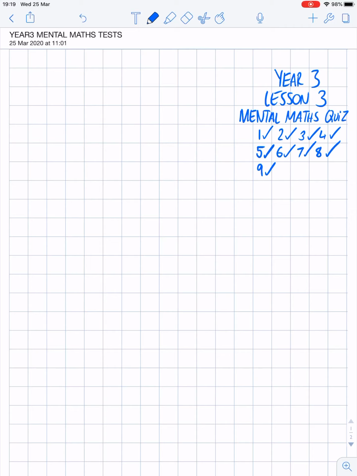I'm going to write down 3 numbers, and I want you to write down the correct one of those that is an answer in the 6 times table. So which one of those 3 numbers is in the 6 times table? And then write the answer down for number 10.